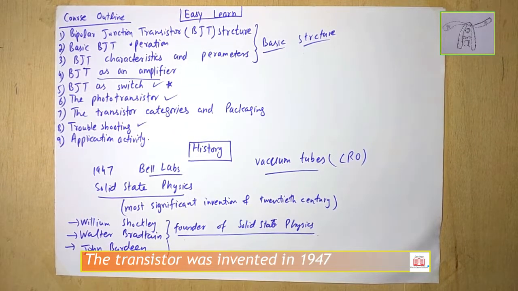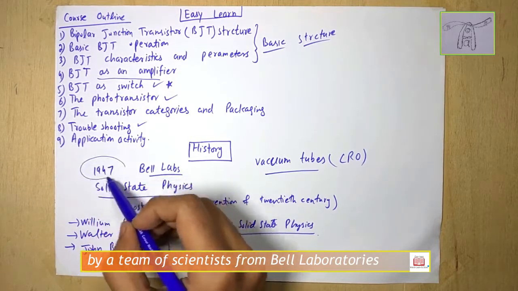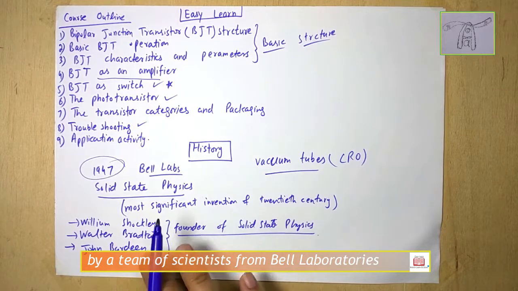It is often said that they are the founders of solid state physics, a new era, and of course the most significant invention of the 20th century. Please note that it was invented in 1947 at Bell Labs.